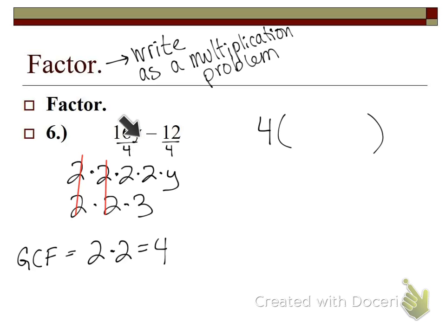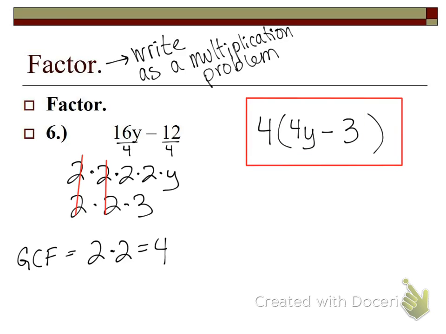So if I take 16y divided by 4, what do I get? 4y minus, if I take 12 divided by 4, I get 3. That's our answer. That's how we factor. We wrote it as a multiplication problem. Okay, so it'll always be your GCF outside the parentheses and whatever you get after you divide inside the parentheses.